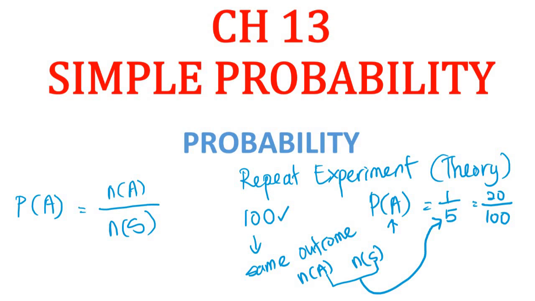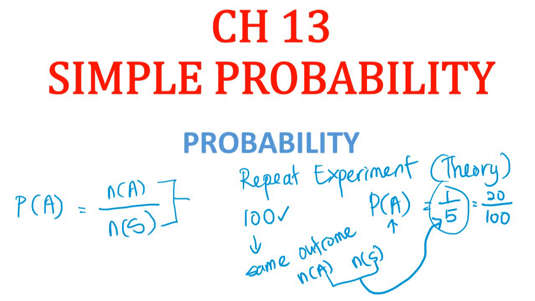So that means you should consider the number of sample space as 100, and the number of event A will be 20, because we must have the simplest form of the fraction equal to 1 over 5, equal to the probability.